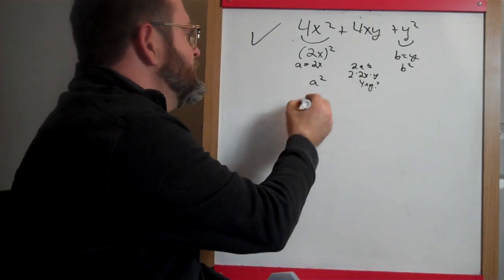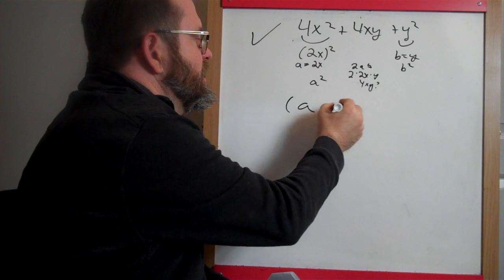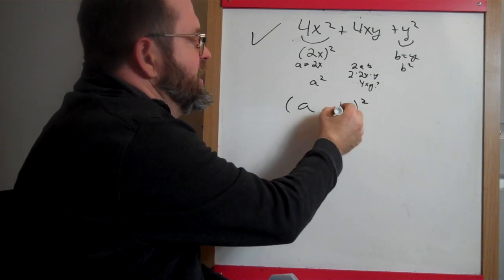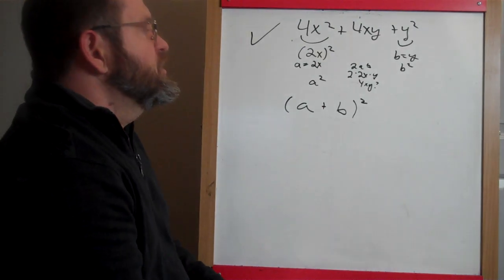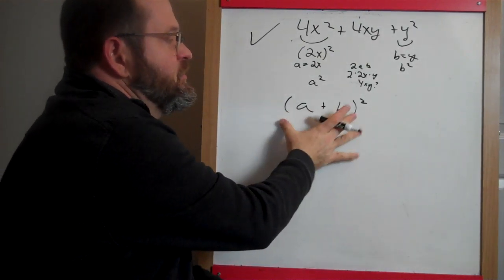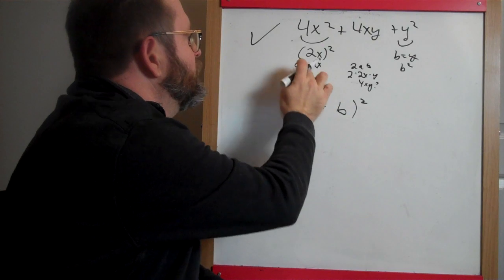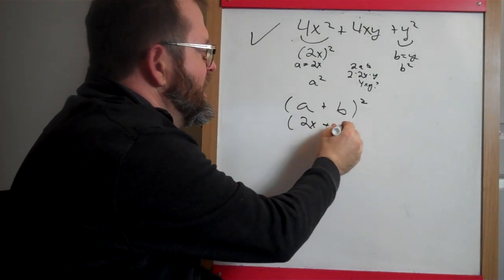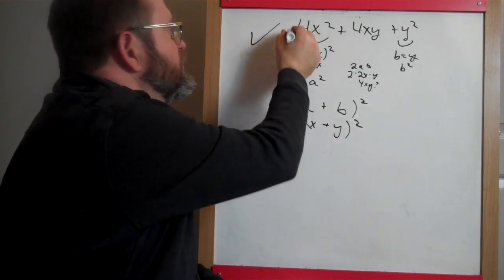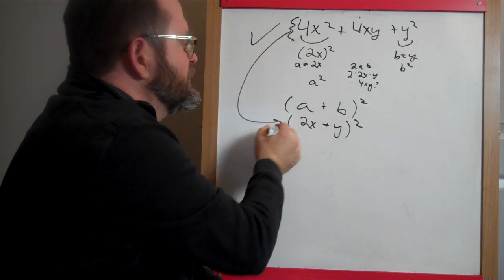It's either a plus or minus b, the quantity squared. Because this term is positive, it's a plus. So we can factor this as (a + b)². We substitute back in what we called a, 2x, and what we called b, y. So this can be factored as (2x + y)².